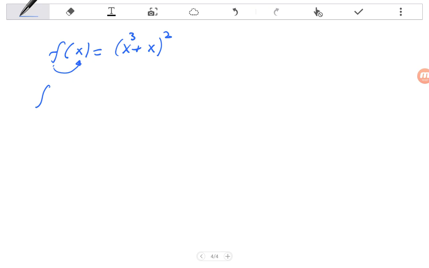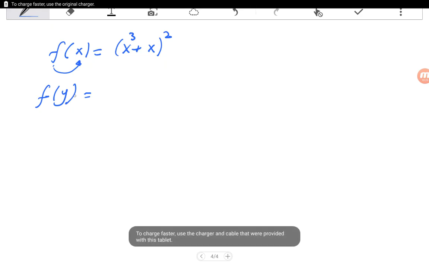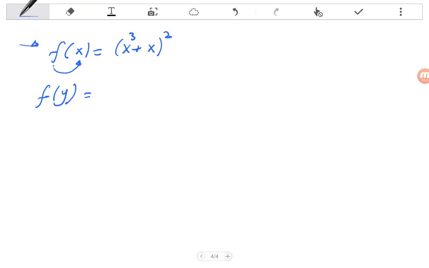If I told you I want to find f of y this time, what will f of y be? It operates on y in the same way. In that expression I just learned how f operates on its input.